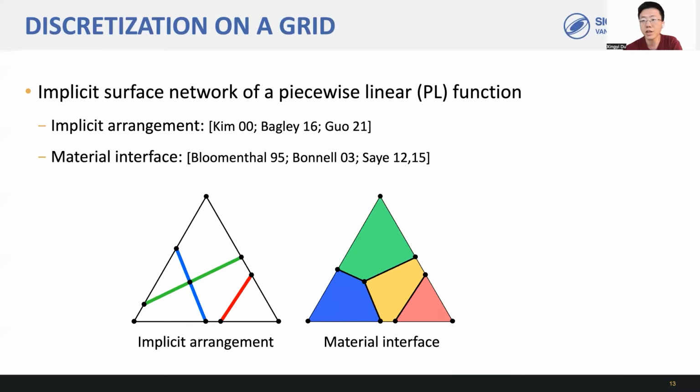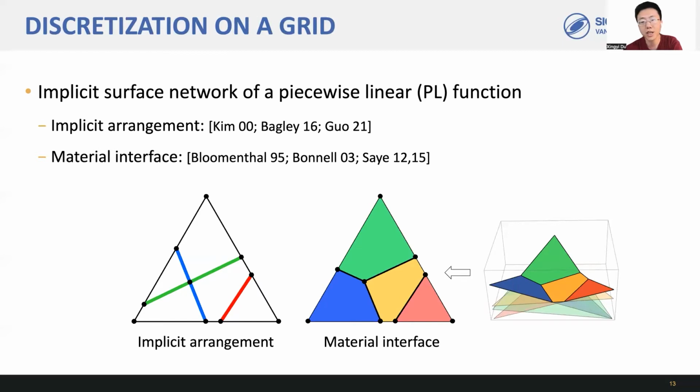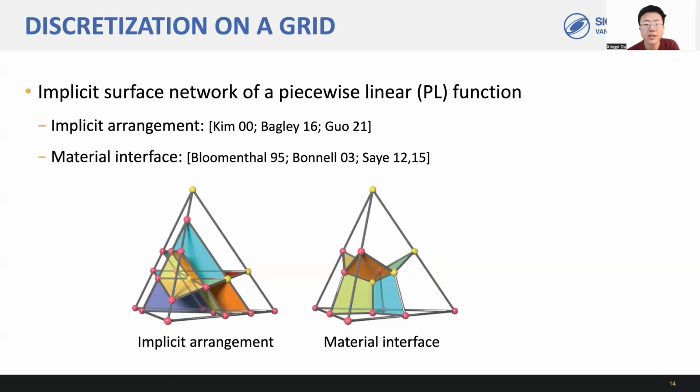An intuitive way to understand this structure is by lifting each linear function to be a 3D plane. The material interface is a 2D projection of the upper envelope of the lifted planes. Similarly, for a linear function interpolated within a tetrahedron cell, the implicit arrangement is formed by intersecting planar polygons, and the material interface is a convex polygonal subdivision.